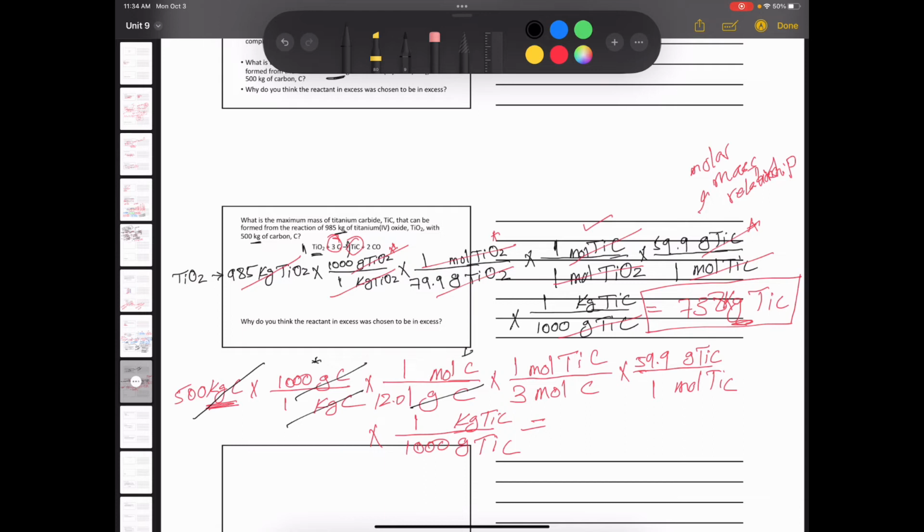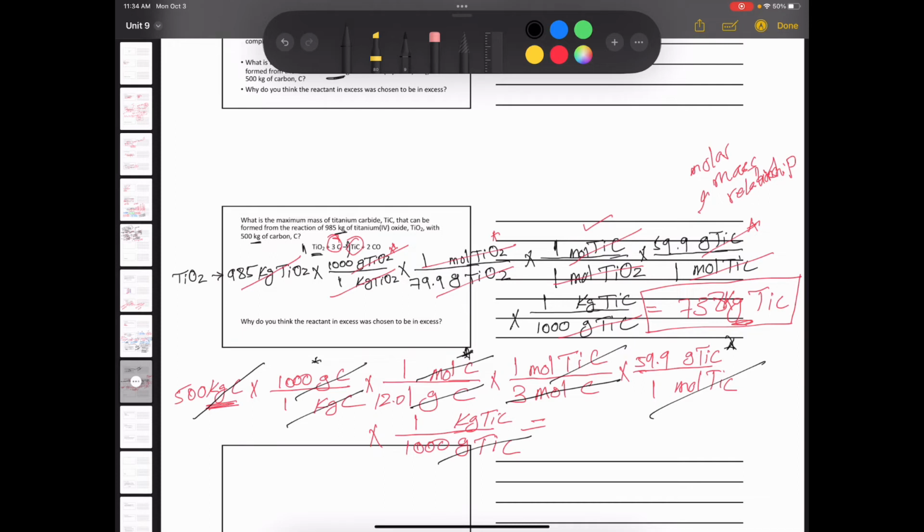Once I have reached moles of carbon, now I can use my stoichiometric relationship. So I can cancel out the moles of carbon with the moles of carbon, and I convert my number at this point into moles of titanium carbide. Okay, now I need to convert the moles of titanium carbide into grams of titanium carbide. Okay, so this will cancel out with this. Now I have grams of titanium carbide.